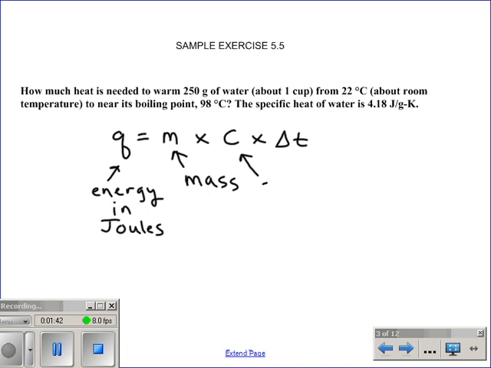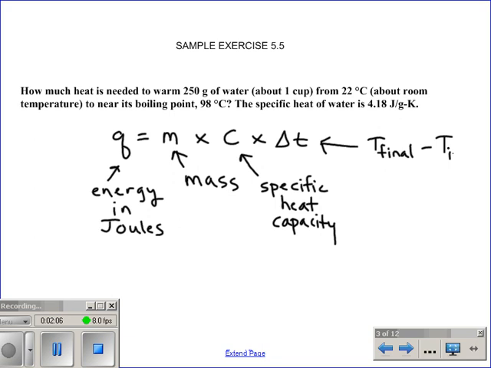C stands for specific heat capacity. And delta T is our change in temperature. Anytime you see that little delta sign, it means change. And delta T is calculated by taking the T final, so the final temperature, minus the T initial, which is the initial temperature. So it's always final temperature minus initial temperature that will give you the delta T for a reaction.